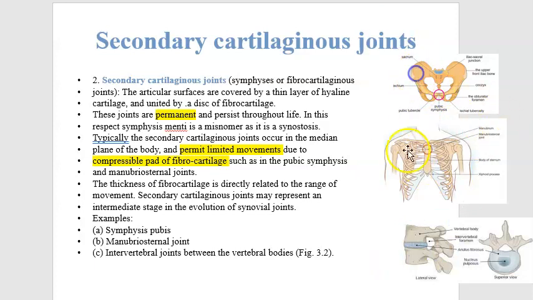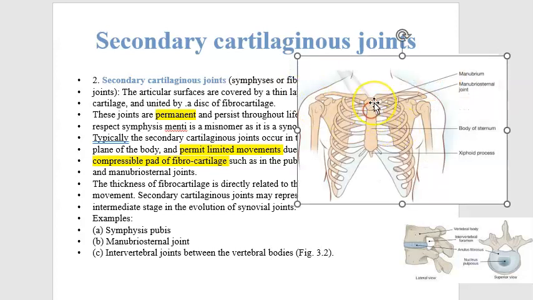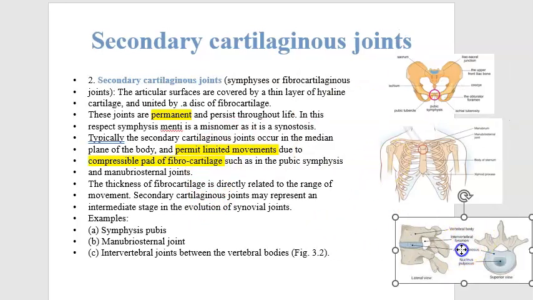Look at the manubriosternal joint between the manubrium and the body. It is a very important landmark. It is fibrocartilage, so it is a secondary cartilaginous joint. Remember, you start counting the ribs from this.